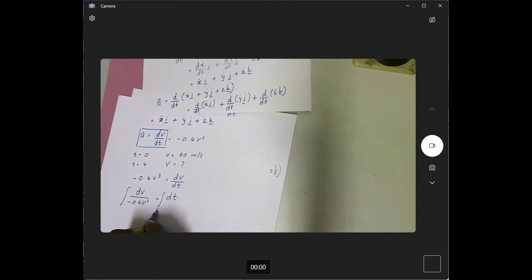So t will start from 0 and go up to 4. And v at the beginning is 60, and after 4 seconds we don't know the value, let's say. Now, can you do the integration very quickly, apply the initial conditions, and find the answer for the velocity?